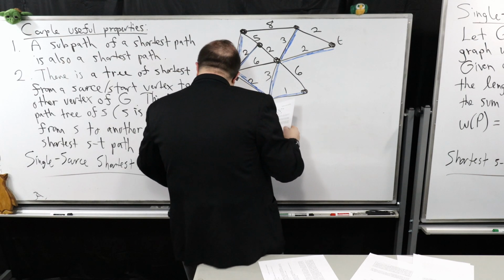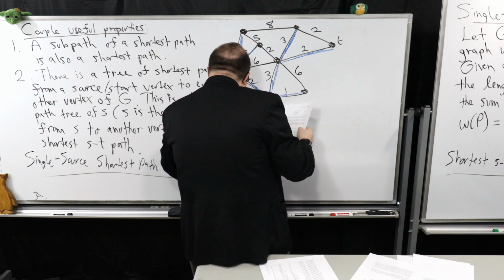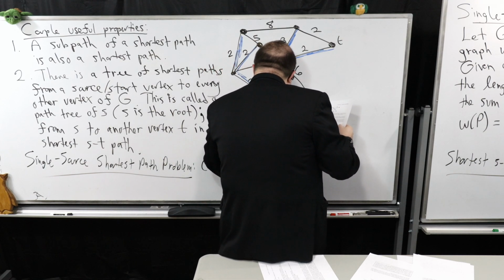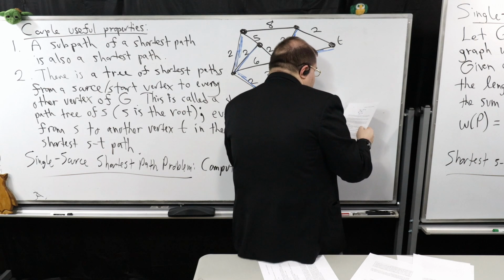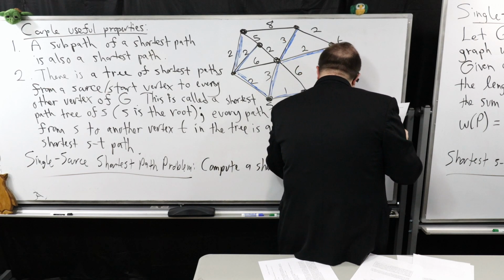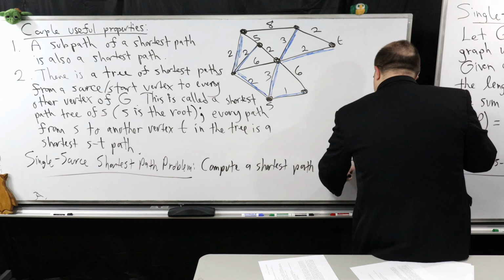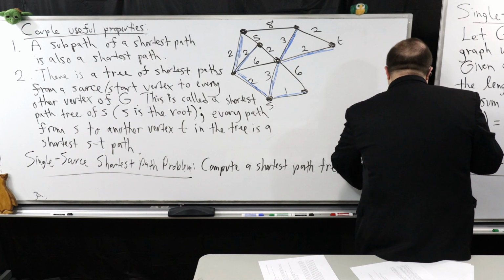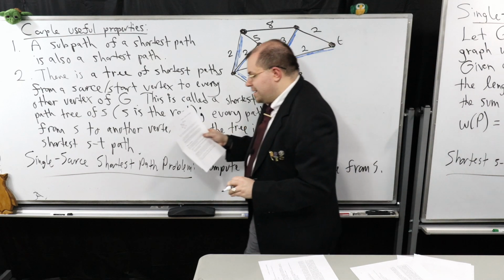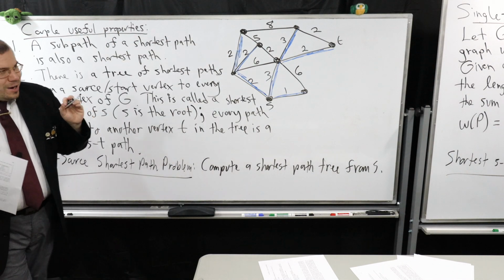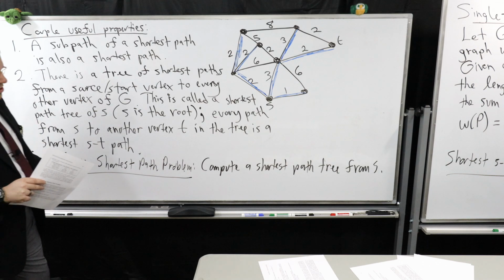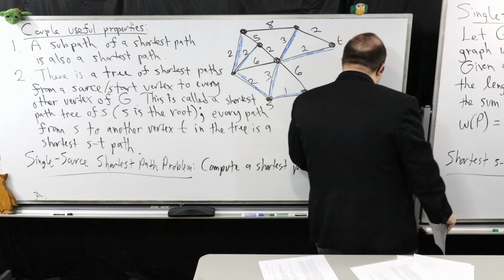What we're going to do is compute a shortest path tree from S. And remember, we're going to call S the source. That's where this name comes from.